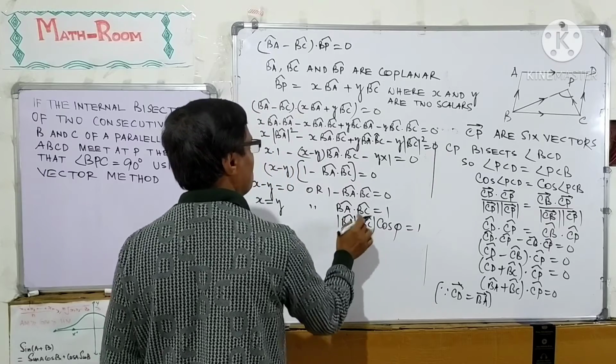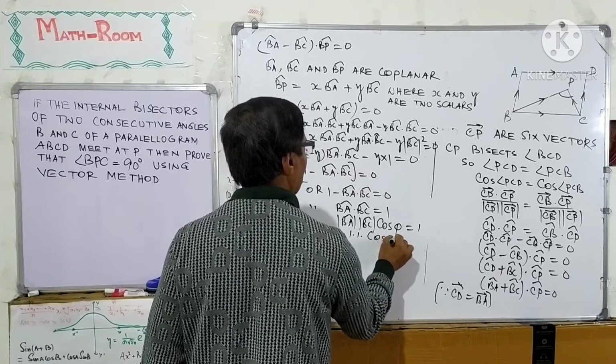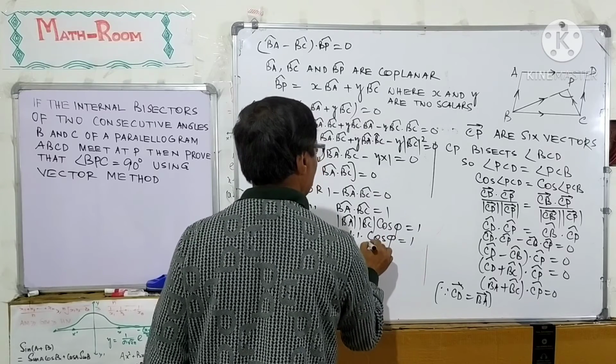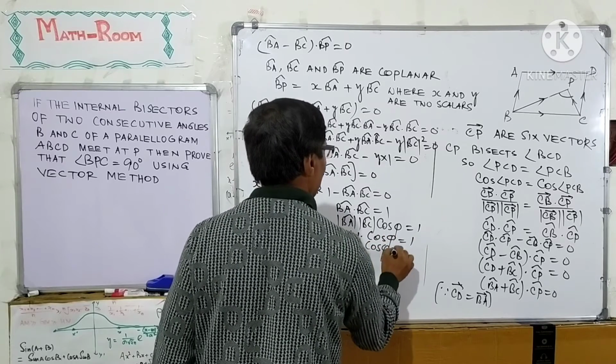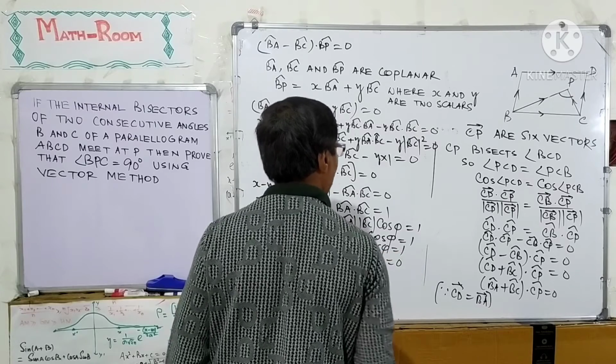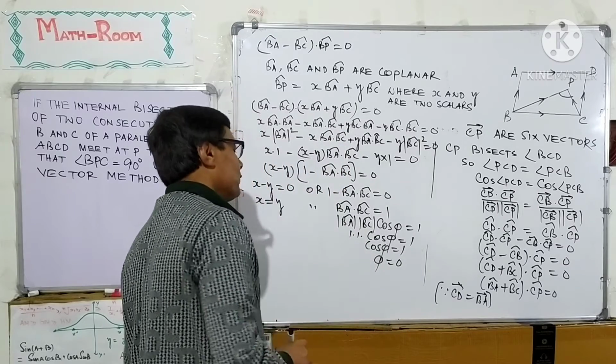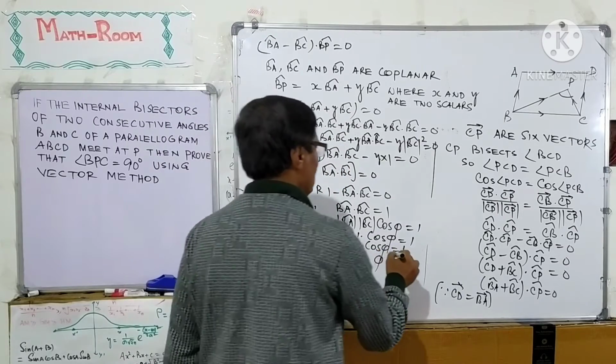These two magnitudes are 1, so 1 into cos phi equal to 1, that is phi equal to 0 or 360 degrees.